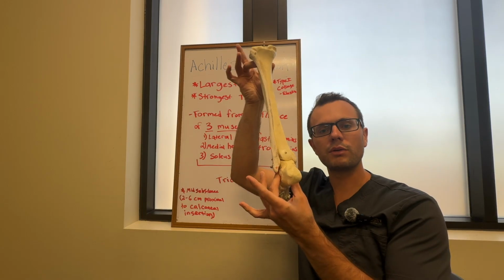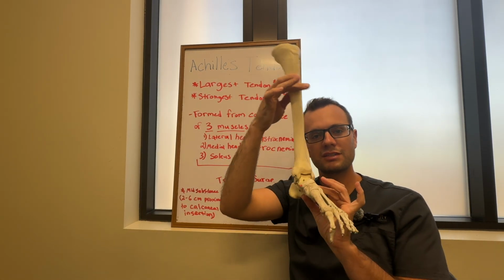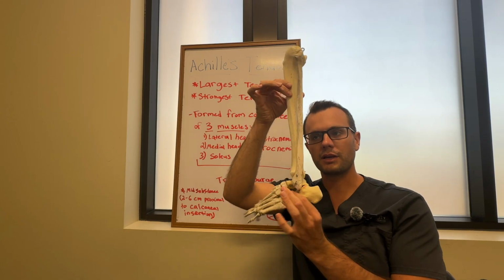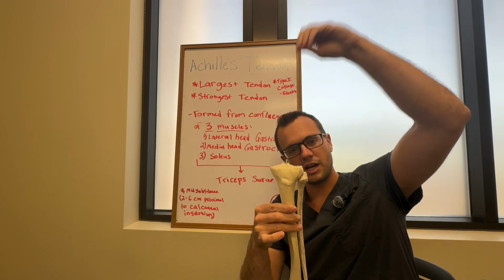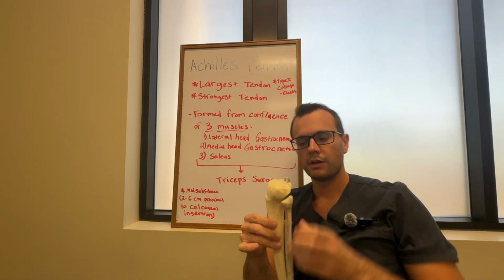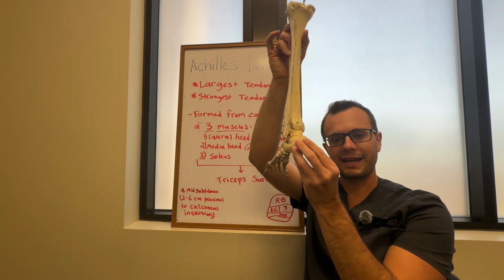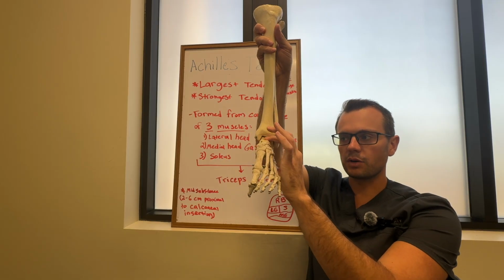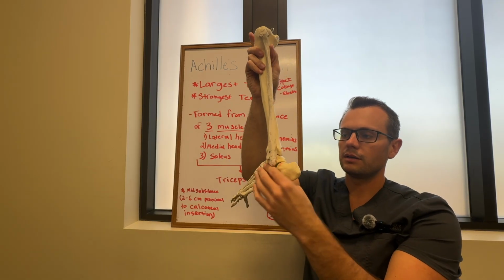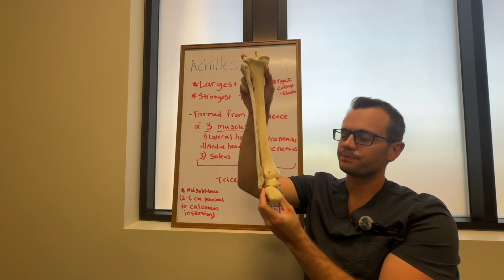And I have a little model here so that you guys can understand the basics of this anatomy. So this is our lower extremity here, and we have our tibia bone and our fibula bone. Up above, which is not shown, is our femur, but it sits right here on top of the tibia. And down here we have our calcaneus and our talus bone below the tibia. And here would be considered the lateral malleolus of the fibula.